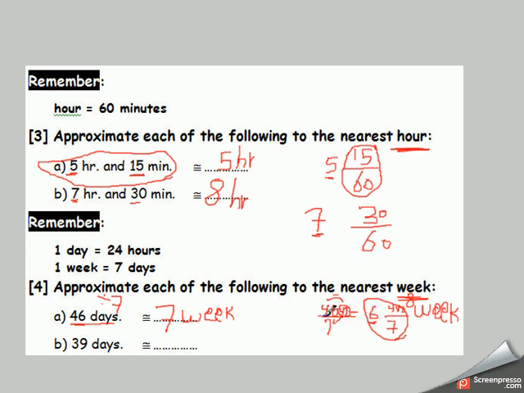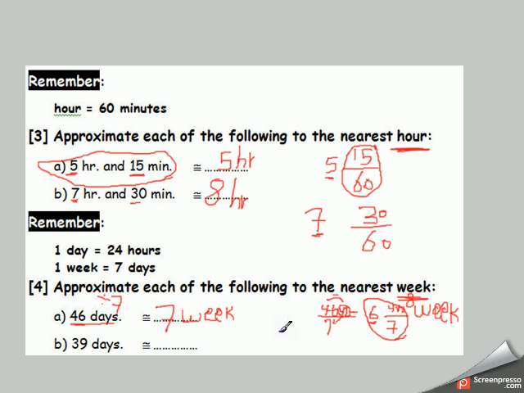I write it as the whole number. And 46 minus 42 equals 4. I write it in the numerator and write 7 in the denominator. When I approximate to the nearest week, it means approximation to the nearest unit. This fraction is strong because I multiply the numerator: 4 multiplied by 2 is 8. 8 is greater than 7, so this is strong, so the 6 will be increased by 1, becoming 7.